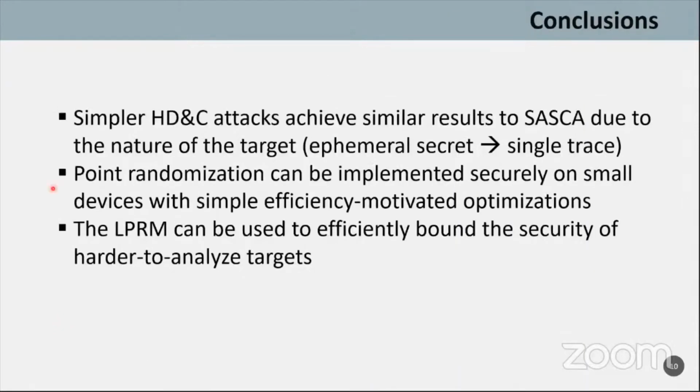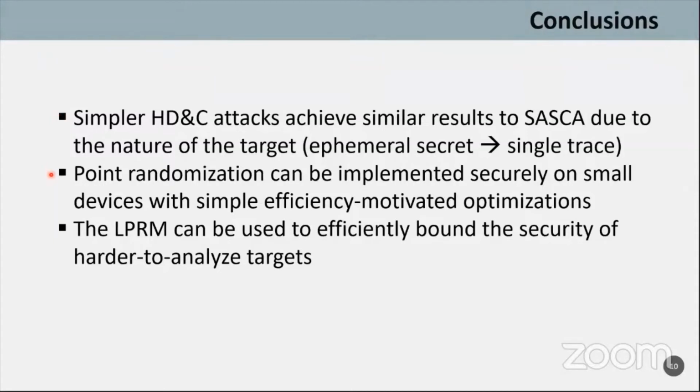To conclude this short presentation, I would like to go over the main conclusions from the paper. First, in this specific case of point randomization, the example we chose, we show that belief propagation-based attacks achieve similar results to divide and conquer attacks, for the high noise cases, which are the most interesting ones, and we explain in the paper the reasons behind this.